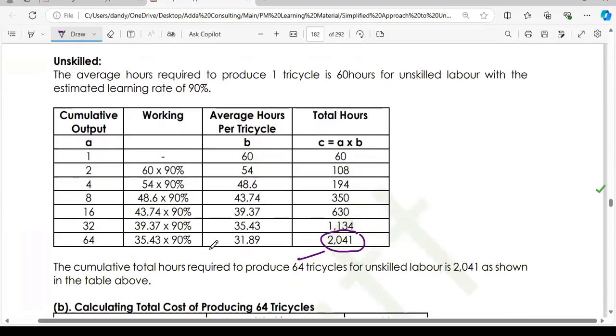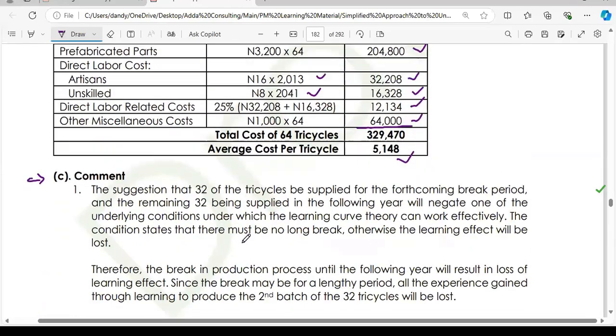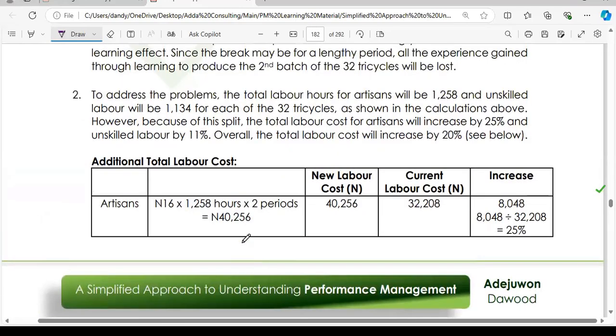For unskilled, if you produce 32 now, total hours they are going to spend is 1,134. So that's what I was trying to explain down there. An unskilled labor hour will be 1,134 for the 32 tricycles.